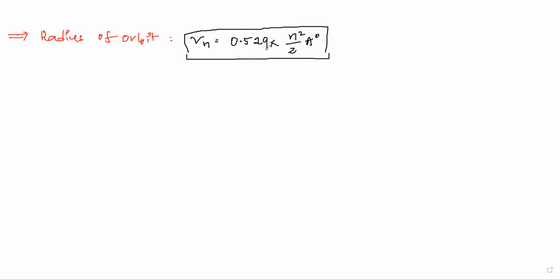And next one, the velocity of an electron. The next important formula is velocity.